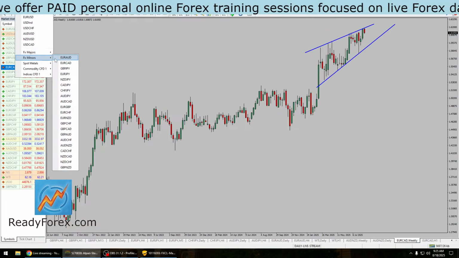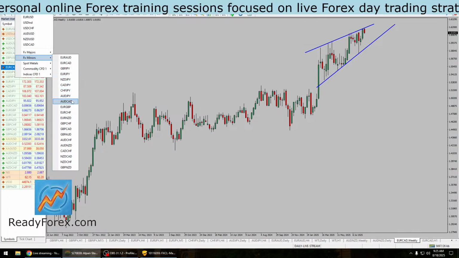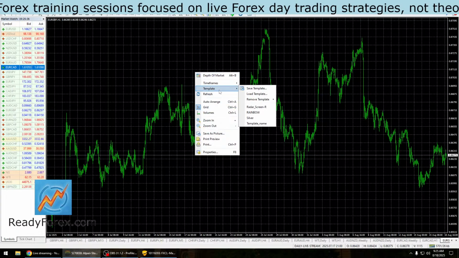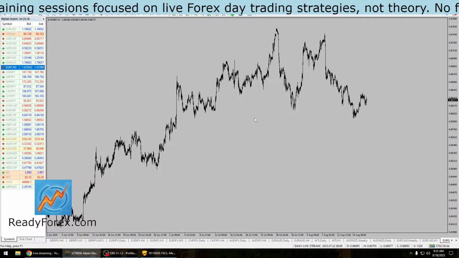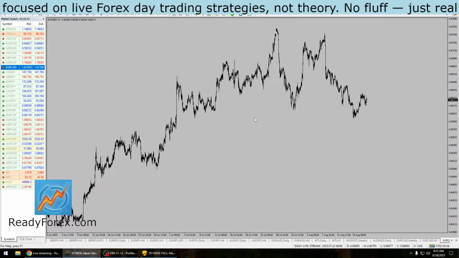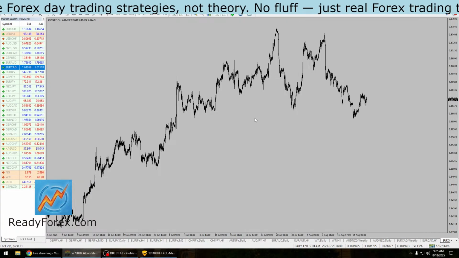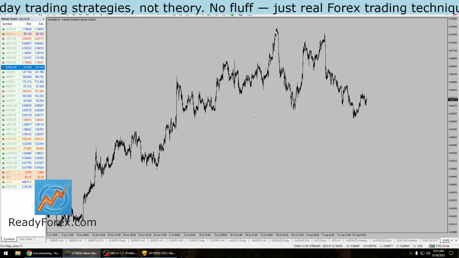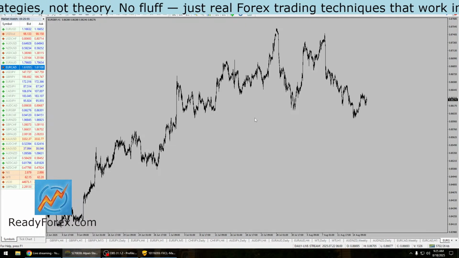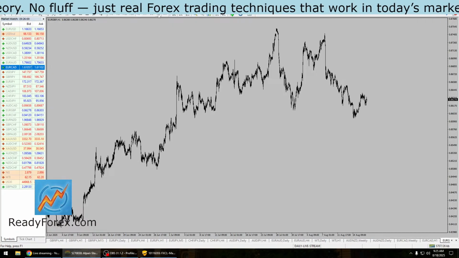Okay, I'm opening the chart of Euro GBP. Euro GBP is, by the way, a very slow moving currency pair. I can tell you right away. It's a slow moving pair. Okay, so Euro GBP, let's start with the weekly.